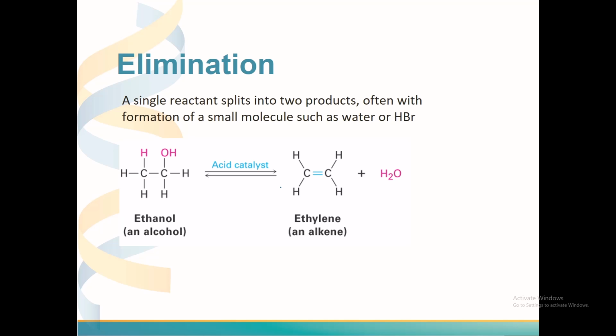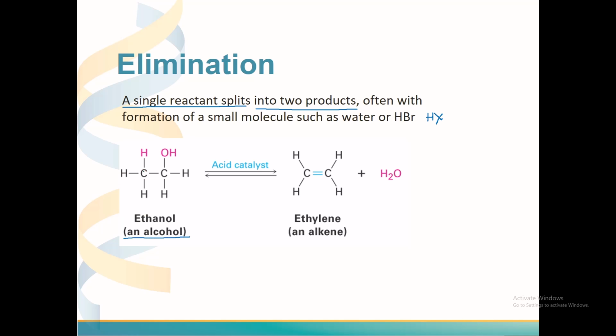In elimination, it is a reaction where a single reactant splits into two products, often with formation of small molecules such as water, or hydrobromic acid, or hydrohalide, HX. It doesn't have to be hydrobromic acid, could be anything. An example is shown in this reaction. We have ethanol, which is an alcohol.